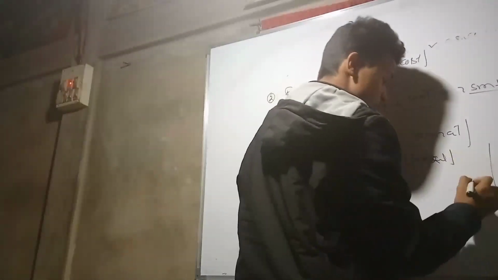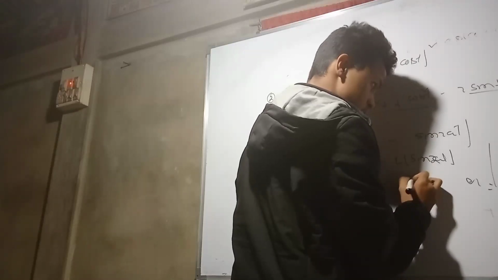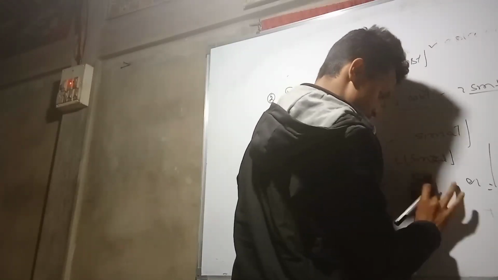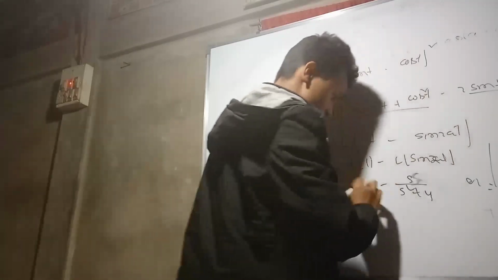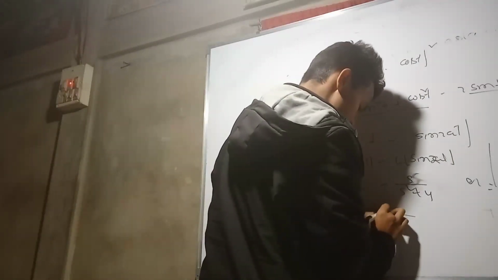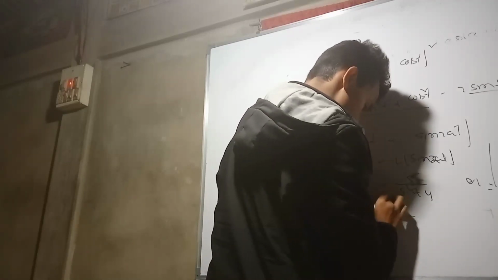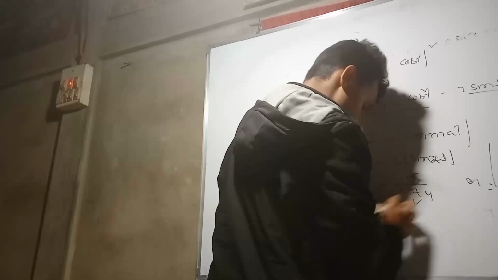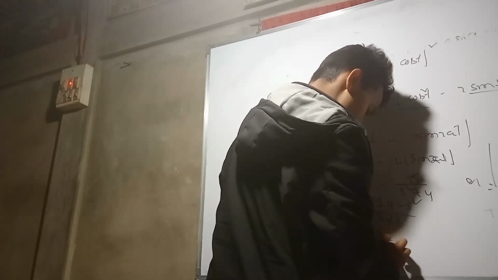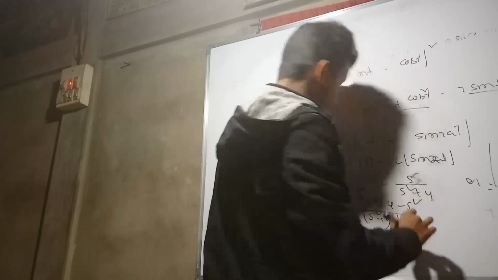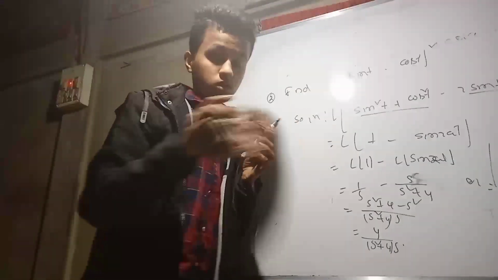So here a equal to 2, that gives us 2 by s square plus 4. So after taking common denominator, s square plus 4 minus s square, that gives us 4 by s into s square plus 4. That is the Laplace transform.